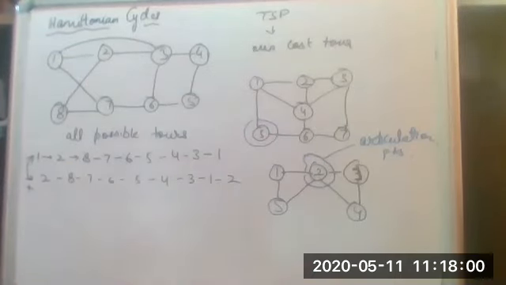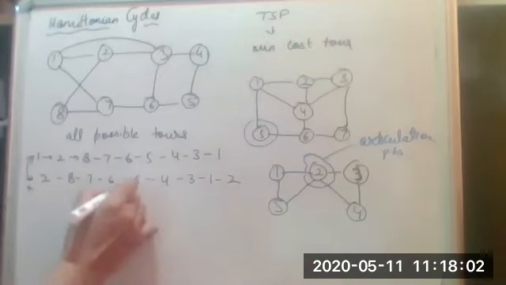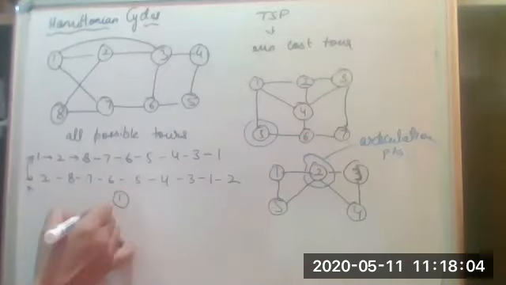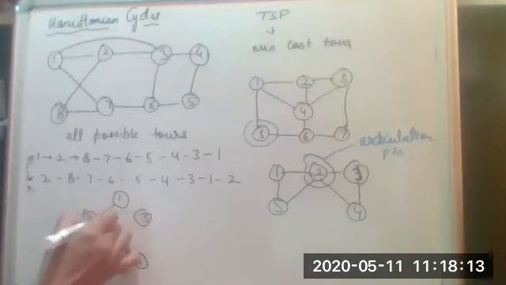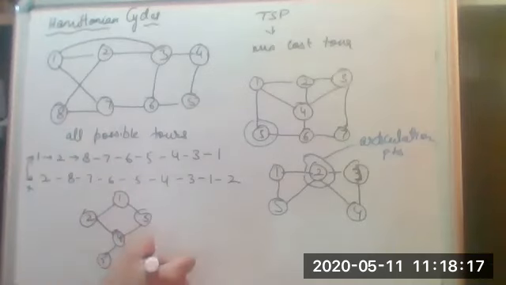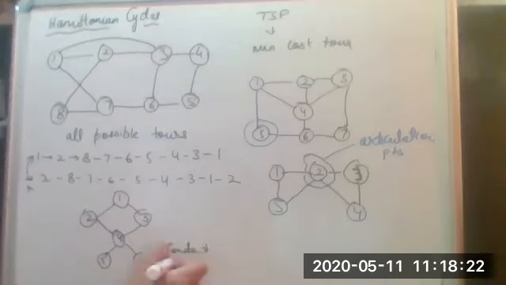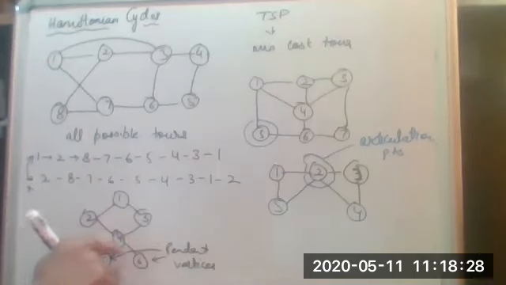Another one is when you have pendant vertices. If you have a graph with certain vertices which are not connected further but look like they are hanging, they are called pendant vertices, and they definitely have an articulation point also.